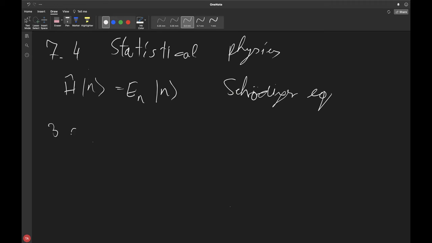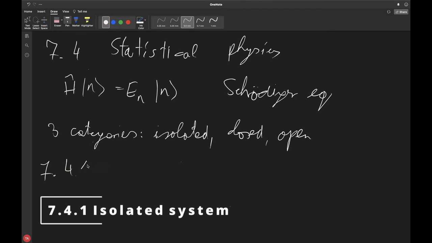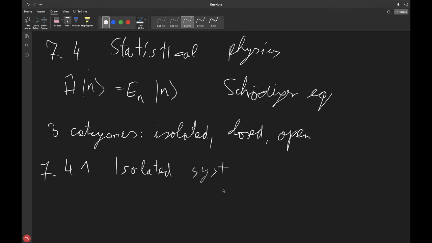So three categories: you can have isolated systems, or closed, or open. 7.4.1 should be about the isolated system, which means that our system has no connection to the outside world, no connection to the environment.